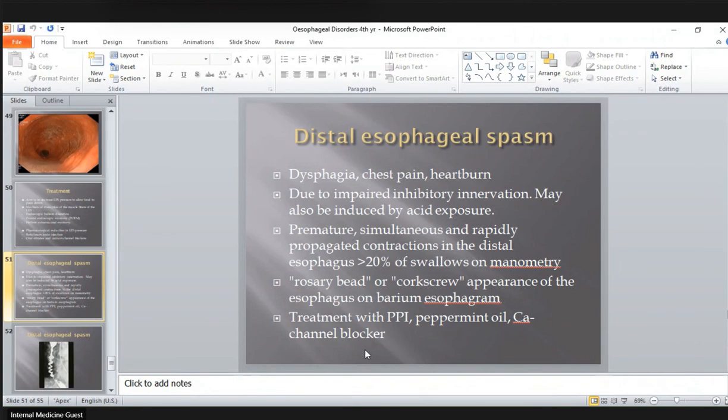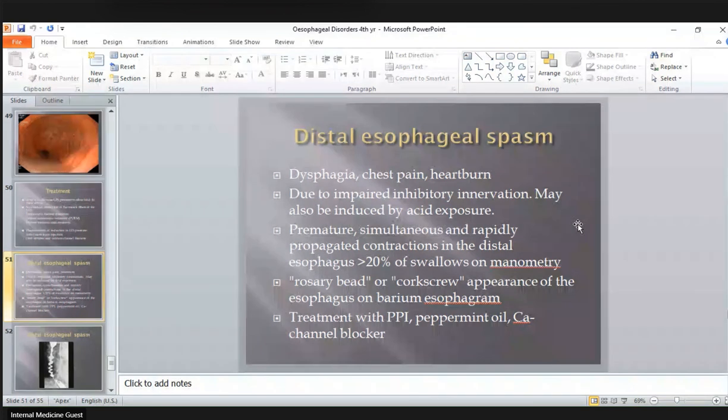What are these contractions? These are premature, simultaneous, rapidly propagating contractions in the distal esophagus. If you count more than 20% of the swallows on motility with these features, we call it diffuse esophageal spasm.